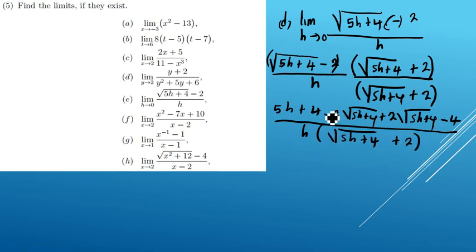From here we know that this and that are like terms, so this and this will cancel, this positive 4 and this negative 4 will cancel, then we're going to remain with a 5h over h.